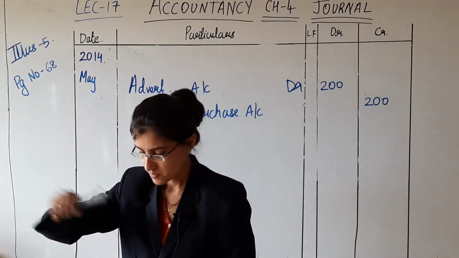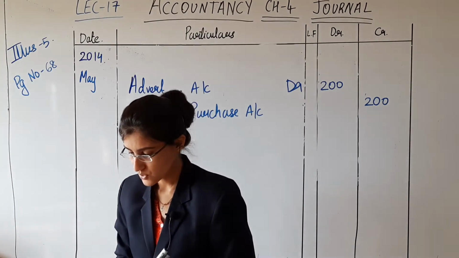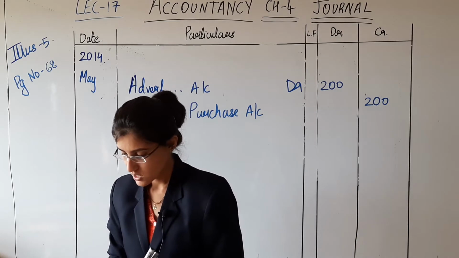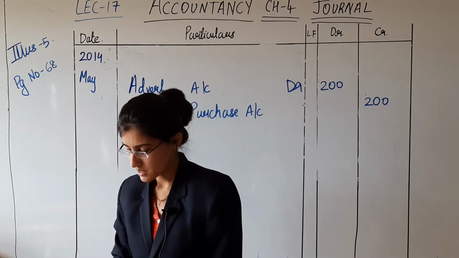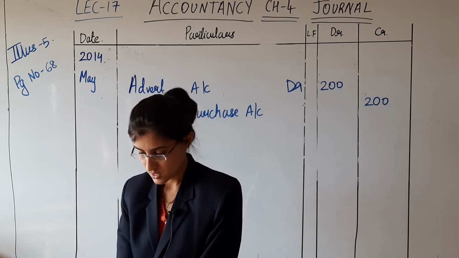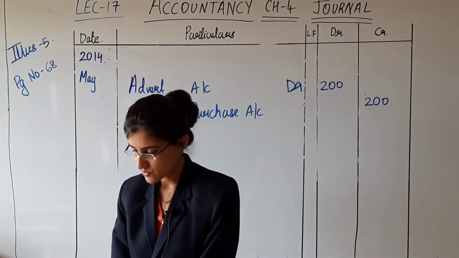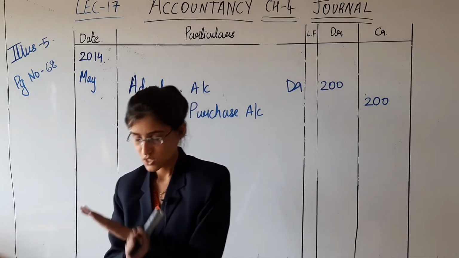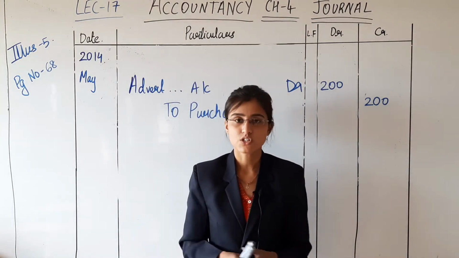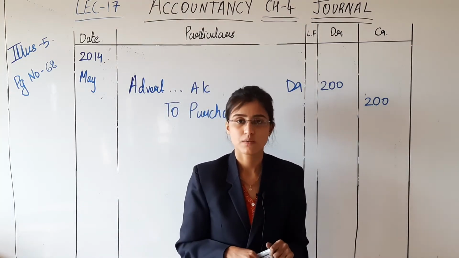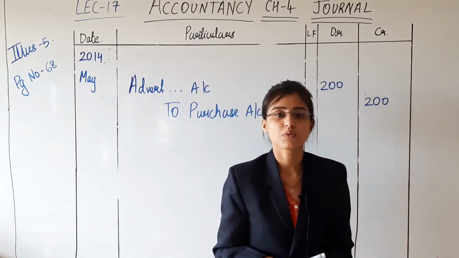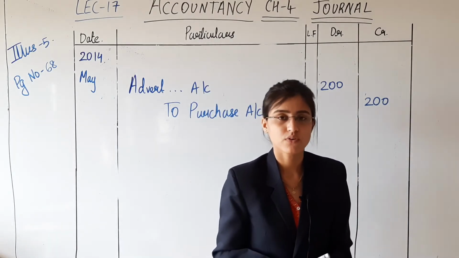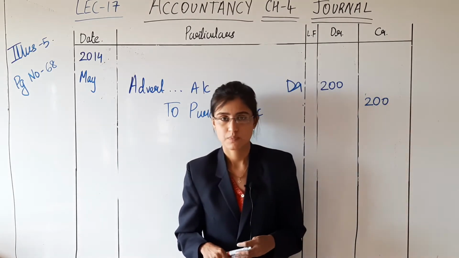Then, 28th of May, goods of rupees 1500 destroyed by fire. Insurance company has admitted a claim of rupees 900. 200 realized from scrap of these goods. Total destruction of goods is 1500. So one thing is very clear, that purchase account is to be credited with the amount of 1500 rupees.